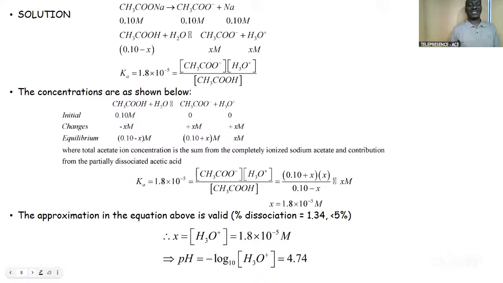You have the acetic acid, 0.10 minus X. So what happened for the buffer is what you have here. And of course, the pH is 4.74, just as I calculated previously. And you can see the percent dissociation is 1.34. That gives you less than 5%.